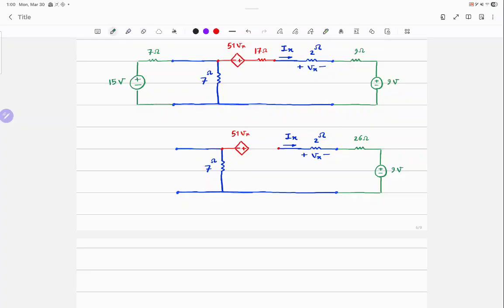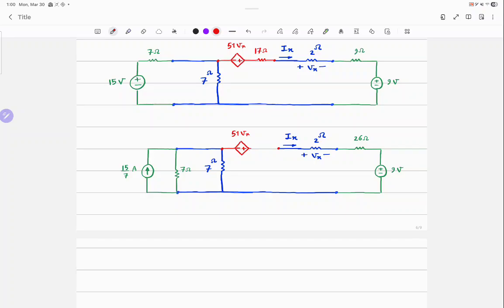So let me write this as 15 over 7 amps, and this is 7 ohms. Is there anything else I can combine in this circuit?